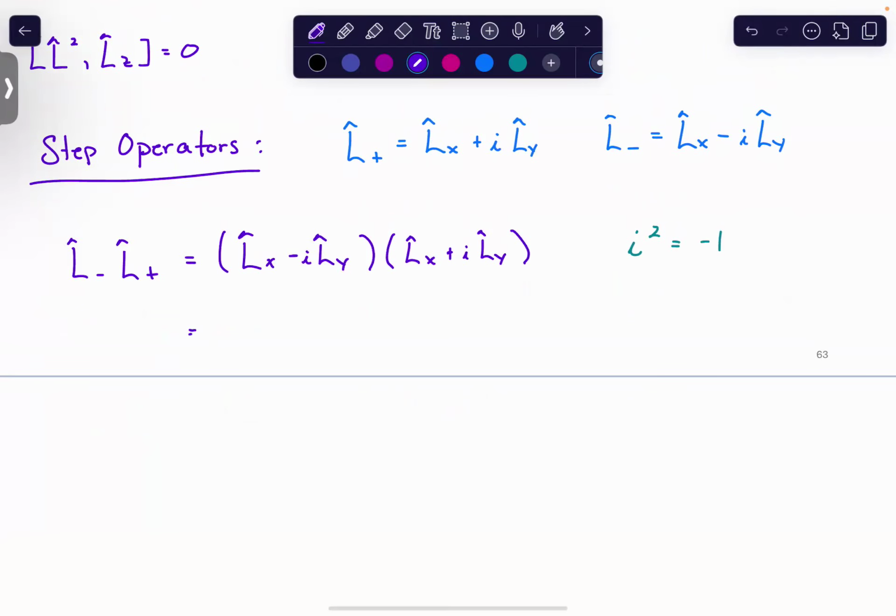And when you do that, well, we get this to start with.